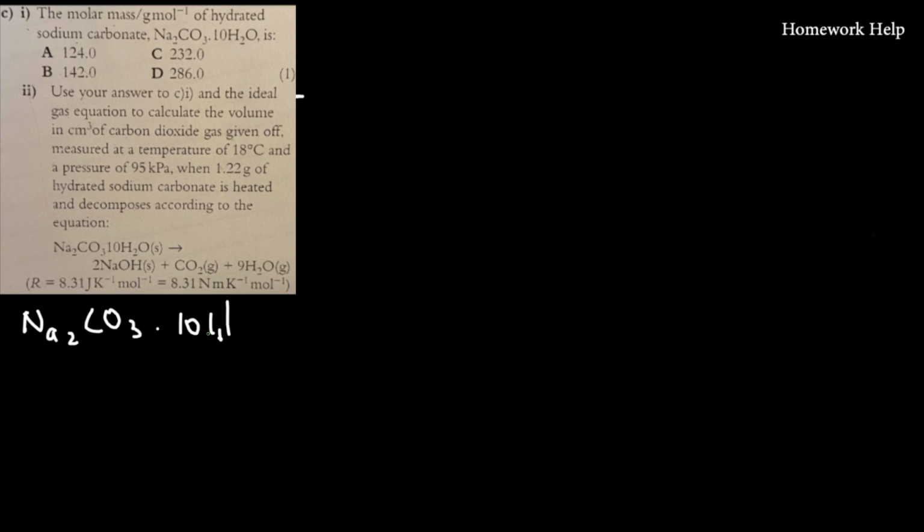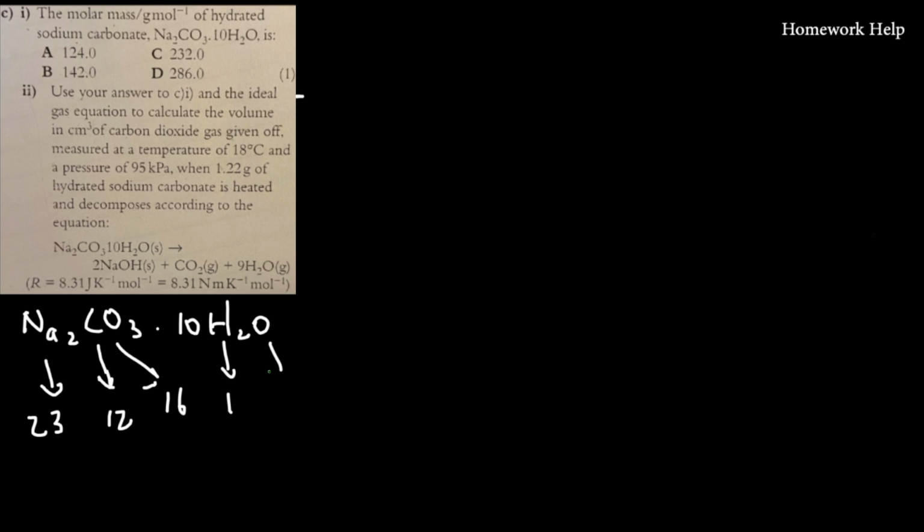Okay, so you can figure out the molar masses by looking at the periodic table. So for example, sodium is approximately 23, carbon is approximately 12, oxygen is approximately 16, one hydrogen is approximately 1, and oxygen is approximately 16.